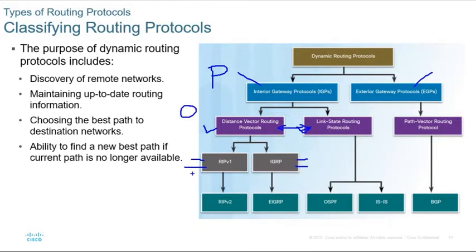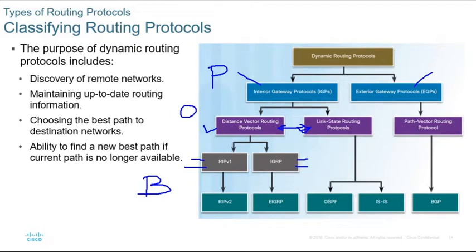Each protocol, for example RIP v1 and IGRP, has what we call a different behavior. Under behavior, we can classify them as either classful or classless protocols. We're going to talk about that later, just remember those terms.